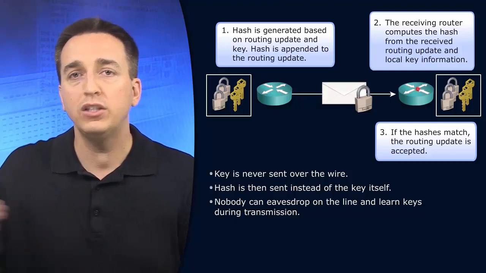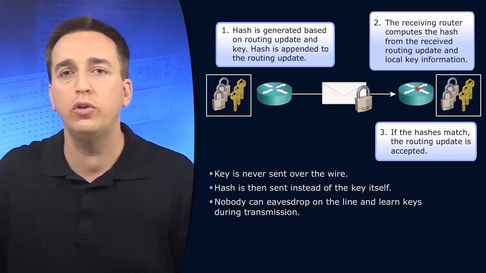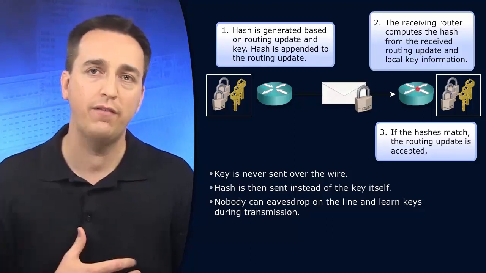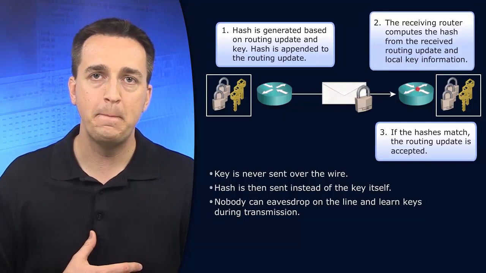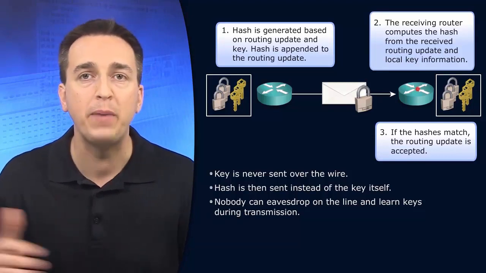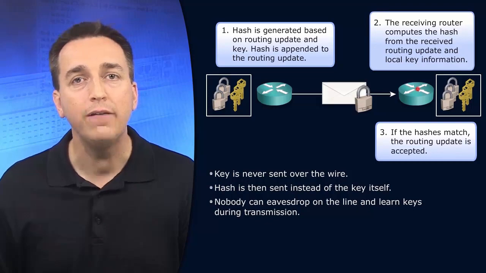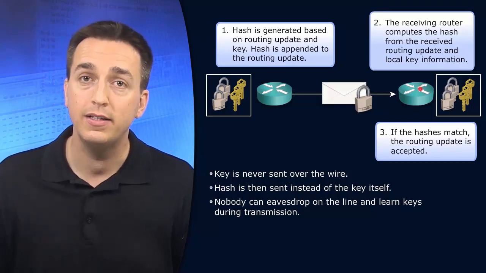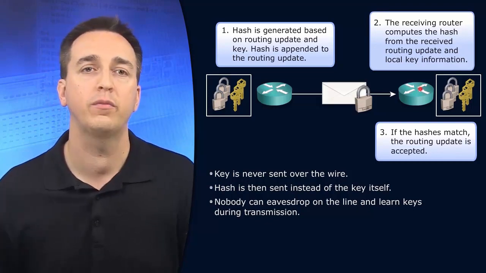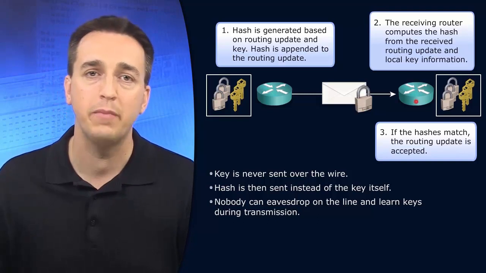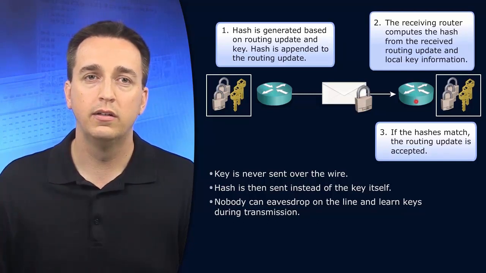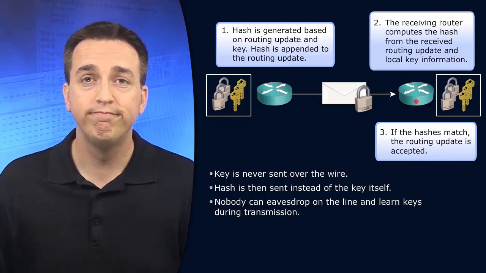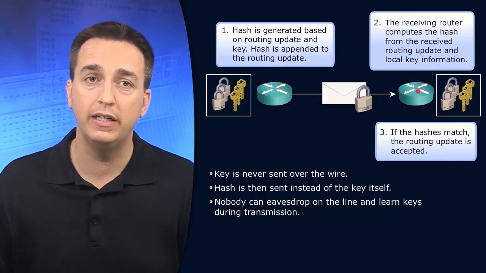Okay, based on the keying information we have locally, what hash should they have sent? And then we generate that, and we compare the two hashes. If they match, it's authentic. We accept it. We utilize that information. But if the hash doesn't match, then that was not from an authentic device.